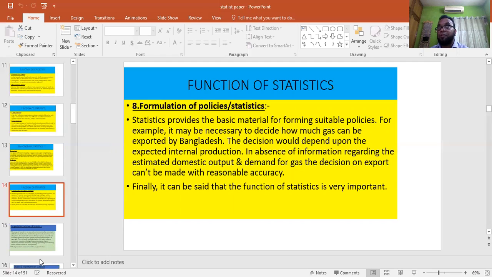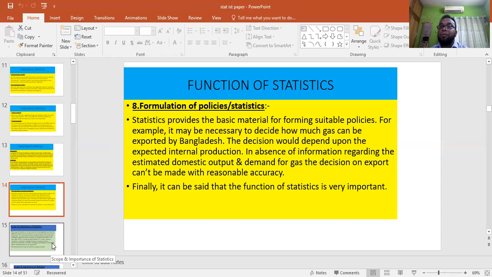So if I want to export anything, then I have to estimate or calculate how much will be produced in the next year or this year, how much is demanded, and how much will be extra.